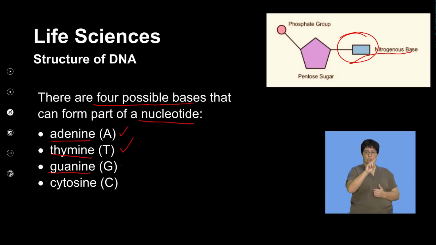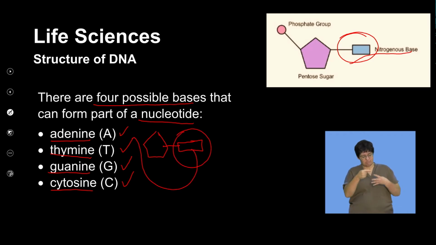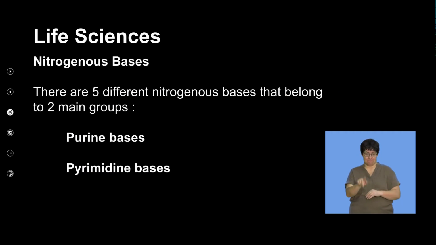Guanine, capital G, as well as cytosine with a capital C. So let's try and recap that. So these nitrogenous bases that we see in the DNA molecule, which I've represented here, could be 4 possible nitrogenous bases. And so they are represented either as a T, a G, a C, or even an A. So that's essentially what we refer to when we talk about the nitrogen bases.